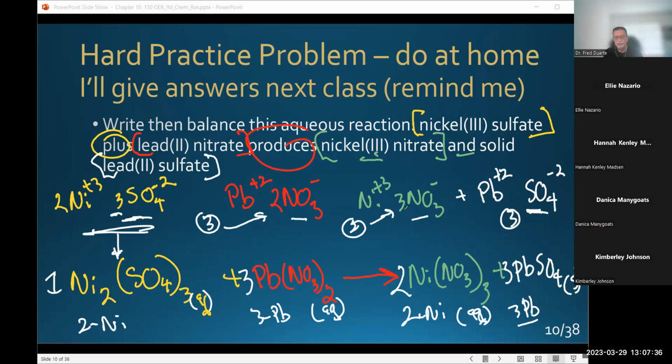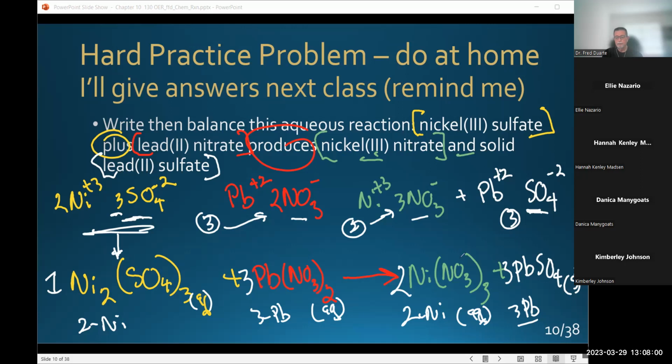I started with the nitrates. I had 2 nitrates on the left, 3 on the right. Like we've done before, I find a common number. In this case, it's 6. So that means that I needed 3 lead nitrates and 2 nickel nitrates. So I put my coefficients 3 and 2 in front of the molecule. Okay. Next, I went and took care of the sulfates, balanced them out.